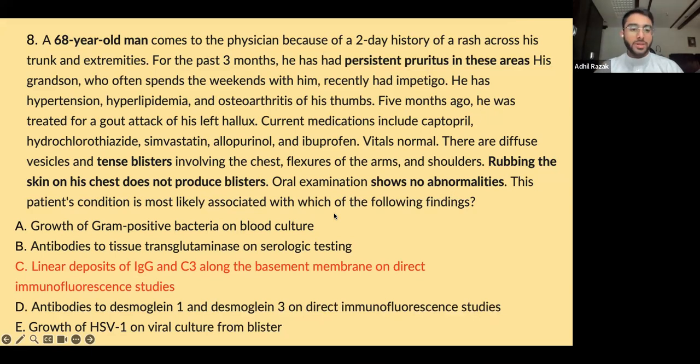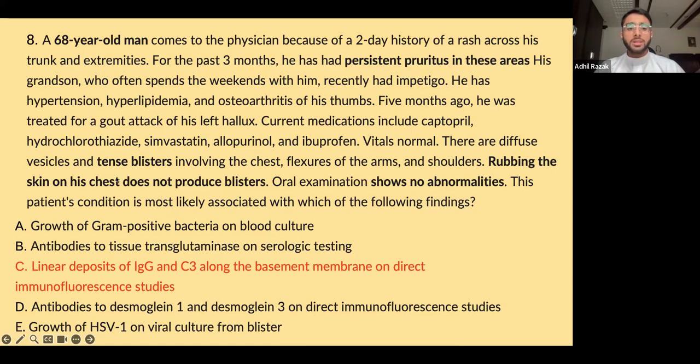Yes, it is bullous pemphigoid, because of the IgG and C3 deposition and negative Nikolsky sign. Rubbing the skin on the chest does not produce blisters, which is a negative Nikolsky sign, and also the patient is 68 years old, another giveaway for bullous pemphigoid.